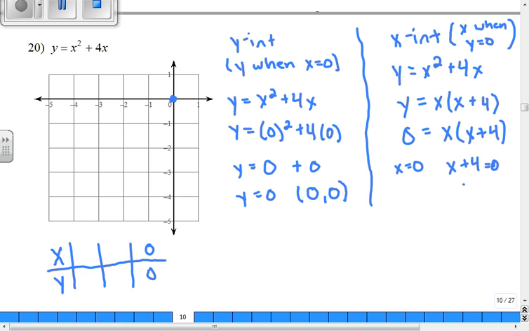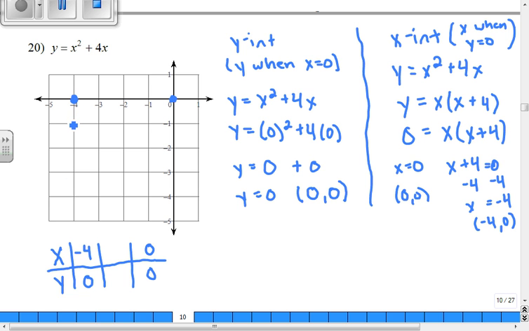Well, to solve this one, I need to subtract 4 from each side. And that says x equals -4. So our x-intercept is x when y is 0. That means this point would be (0, 0), and this point would be (-4, 0). Well, we already have (0, 0) on our graph because that was our y-intercept. So now we can put (-4, 0) on our graph.